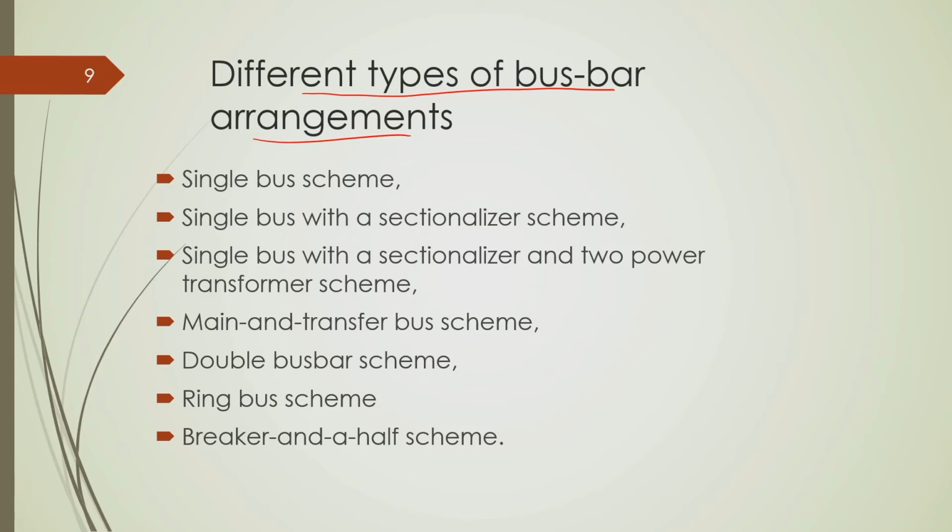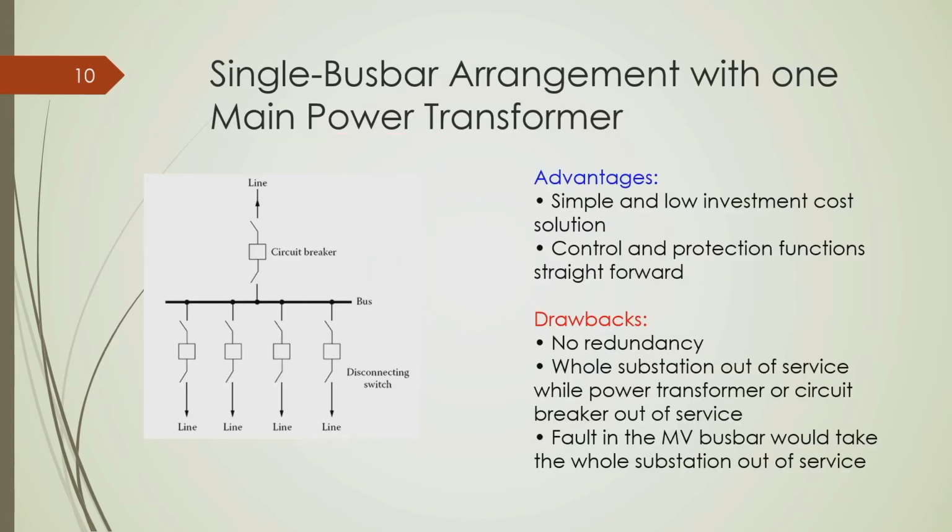So, we have different busbar schemes to design a substation, which is very important. This is basically an arrangement for designing the switch gear, so we can call it a switch gear arrangement, and there are different schemes. These schemes I will discuss here.